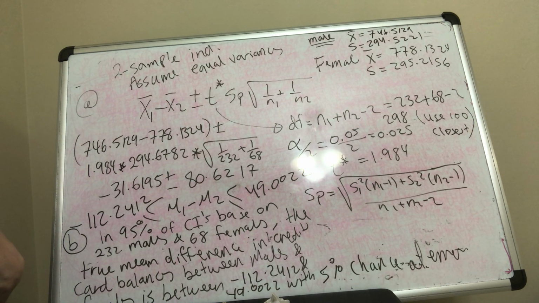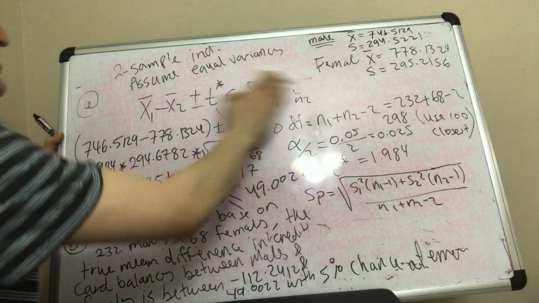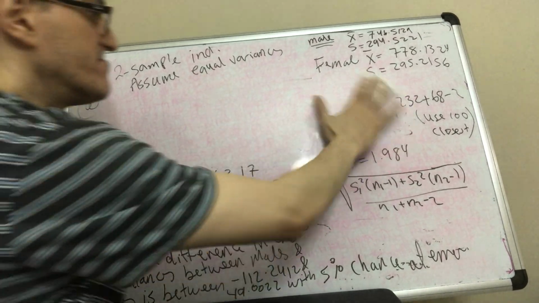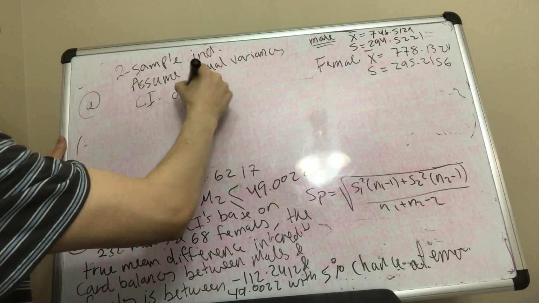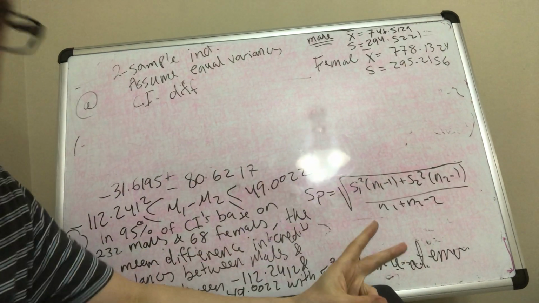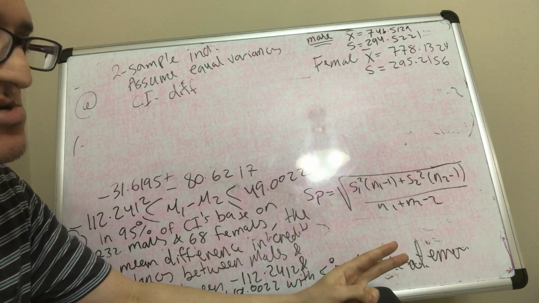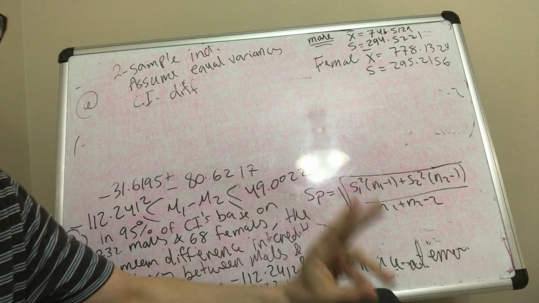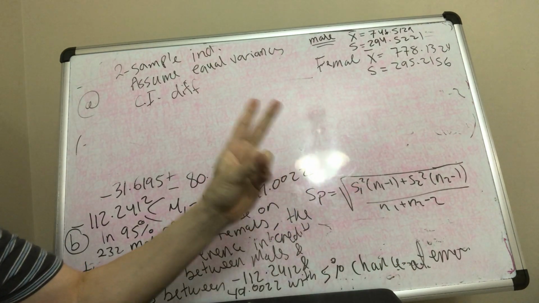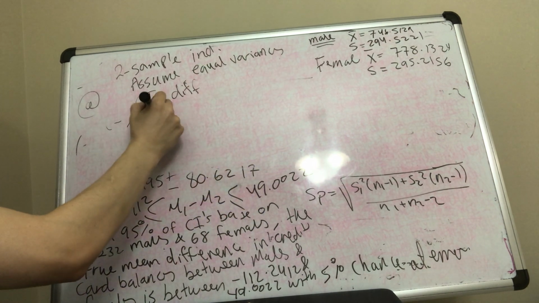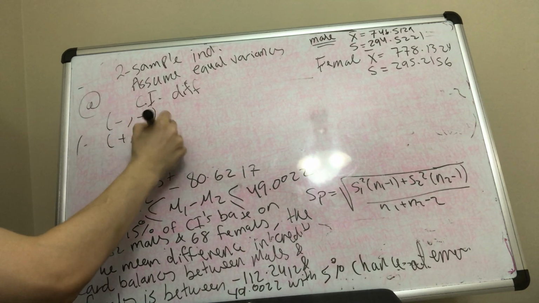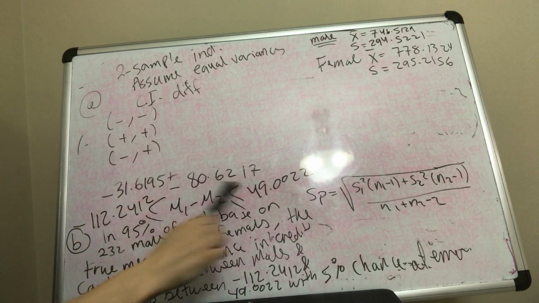Okay. Once you do this, how can you explain, does this show that they're different or not different? Now, when you do confidence interval for difference, whether it's two independent means, two dependent means, two proportions, any time you do confidence interval difference between two, you can end up with two negative numbers, two positive numbers, or negative positive like you have here.